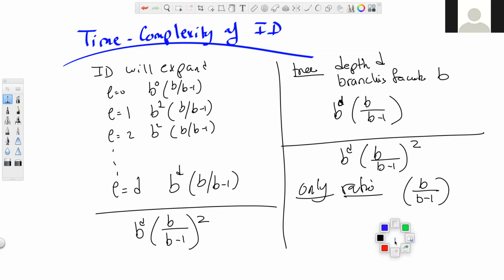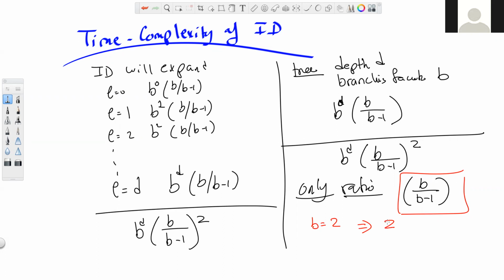That's the only real difference between what depth first or breadth first will do, which is one pass over the whole tree, versus this guy, which is going to be doing these redundant iterations. Now look, when b equals 2, how much is that? That's just a factor of 2. I'm just doubling the time in a sense.